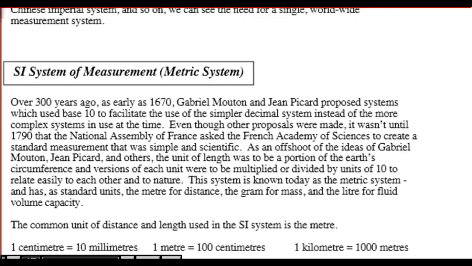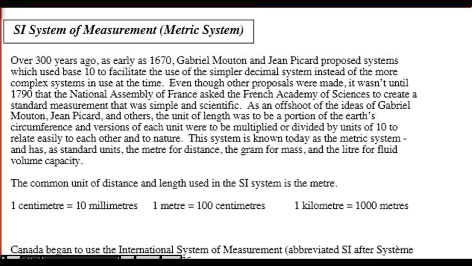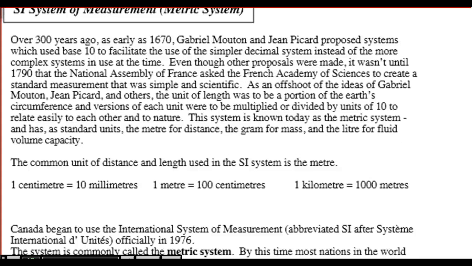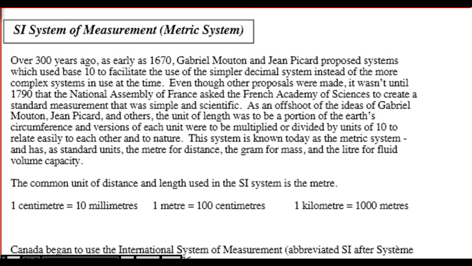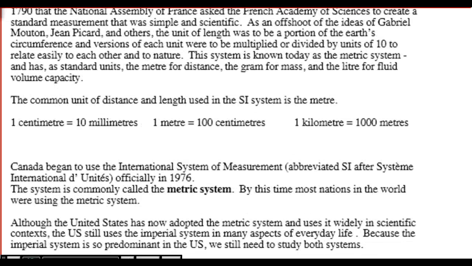Now, the metric system, you'll notice, works on the basis of 10. Everything's either a multiple of 10 or a multiple of 1 over 10, in other words, dividing by 10. So you'll see that we have measurements like centimeter, millimeter, meter, kilometer, and again, those are all measured in multiples of 10.